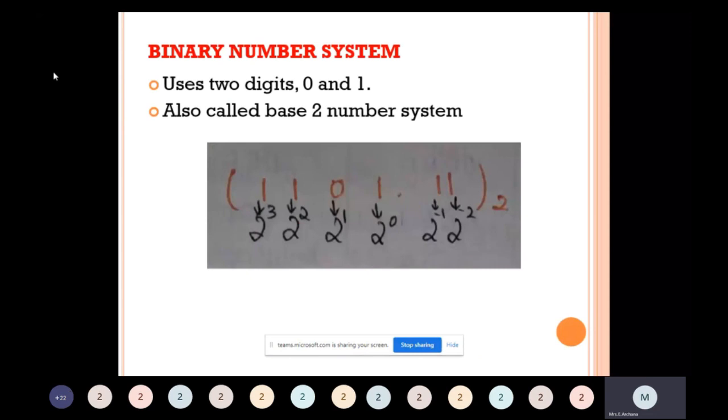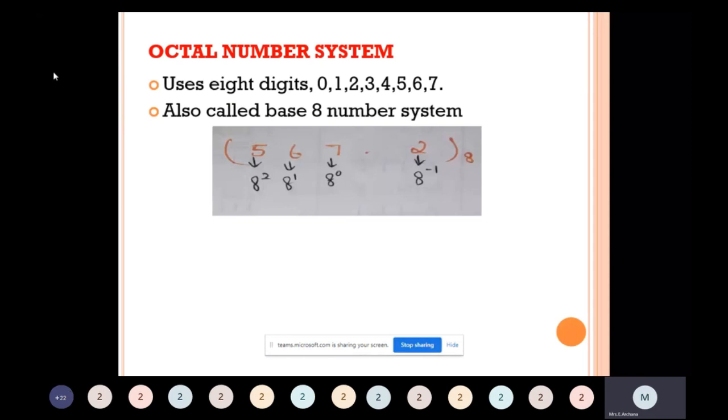Likewise, for the binary number system, we use only zeros and ones, so the base value is 2. For giving the weightage, we use 2 power 0, 2 power 1 and so on for the integer part, and 2 power minus 1 and 2 power minus 2 for the fractional part.